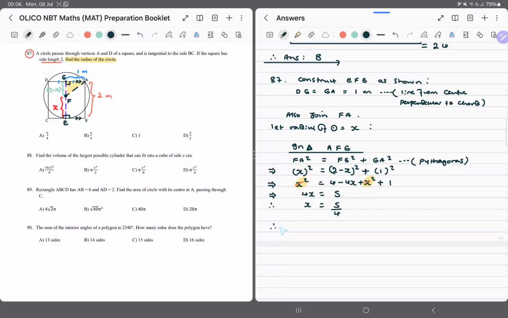We can say therefore the radius is 5 over 4. We were just told a length of 2, so probably we cannot say meters, but we can just say units. Therefore our answer here is basically option A. Okay, great.